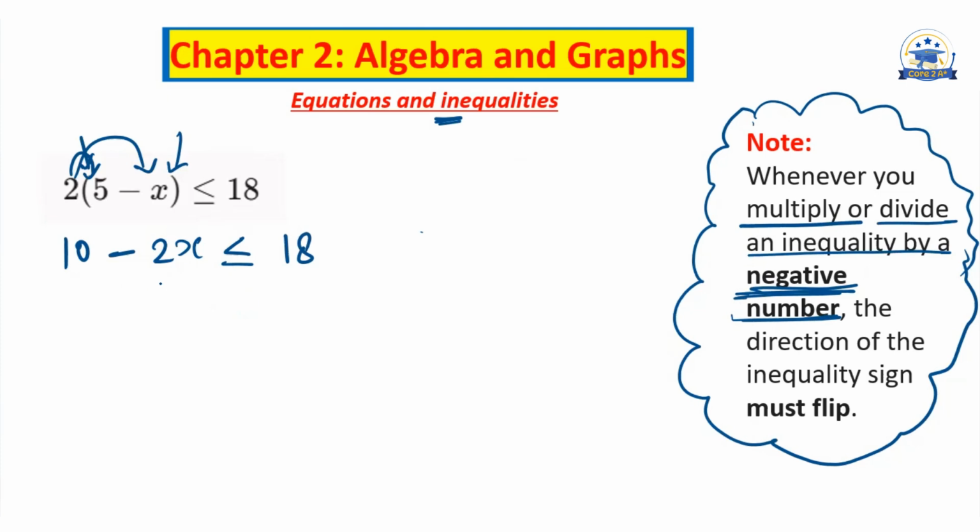So what are we going to do now? Here we have positive 10, okay? And how do we solve this type of inequality?